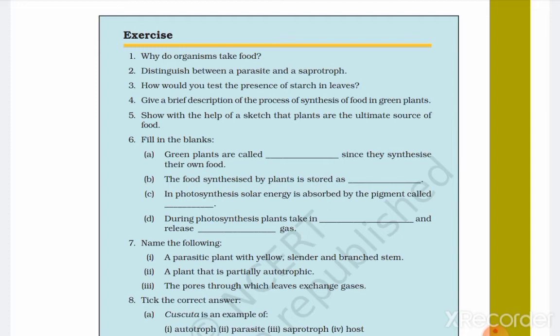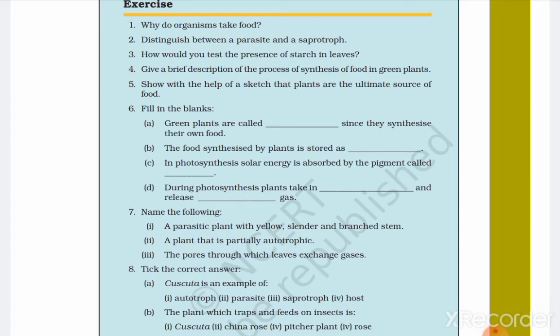And further you can say that carbon dioxide plus H2O undergo process through chlorophyll and sunlight equals C6H12O6, the formula of carbohydrates, which you can say as glucose, and oxygen as a byproduct.